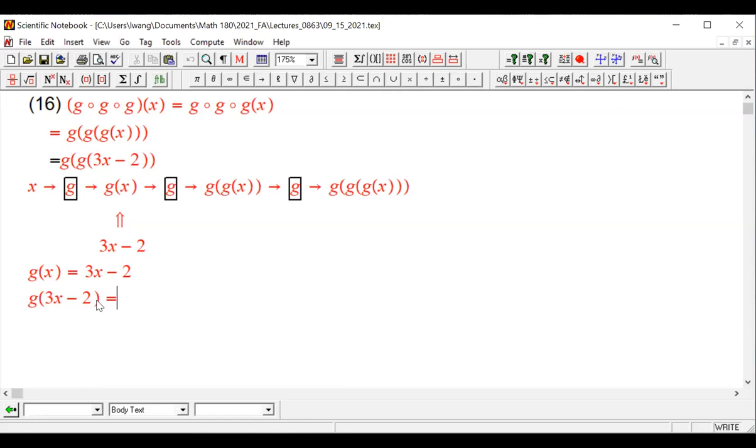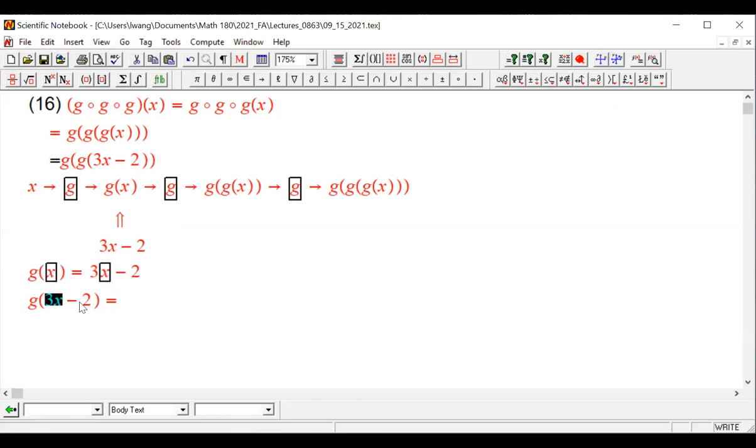G of 3x minus 2 is saying this input is being replaced entirely by 3x minus 2. So view this input x here as a box. It's just a placeholder.